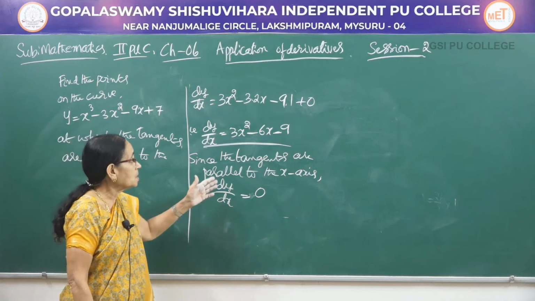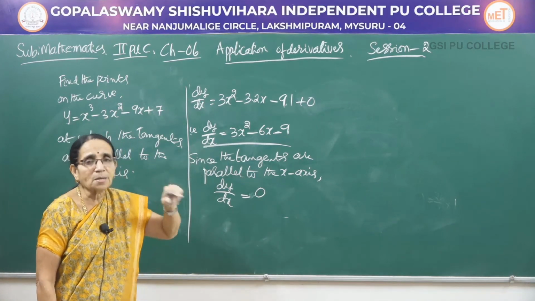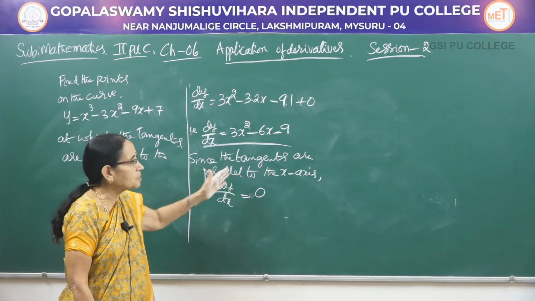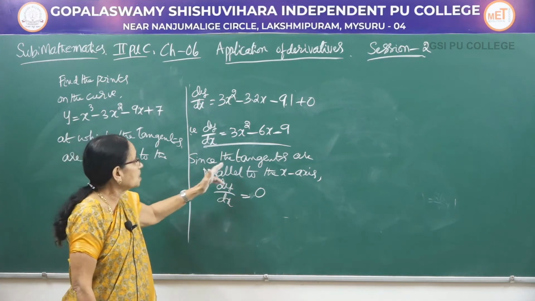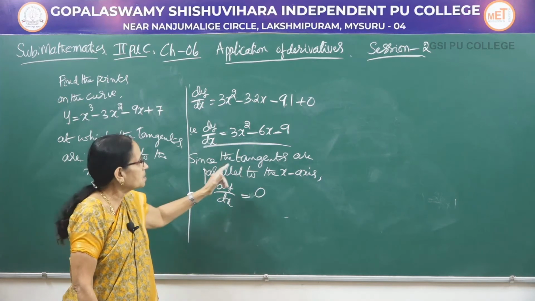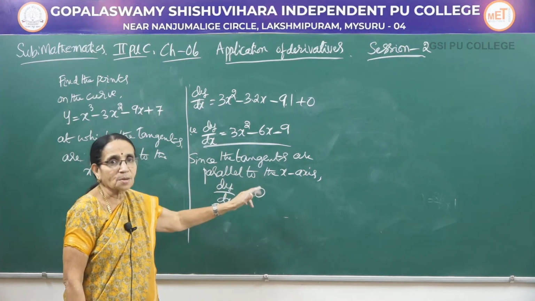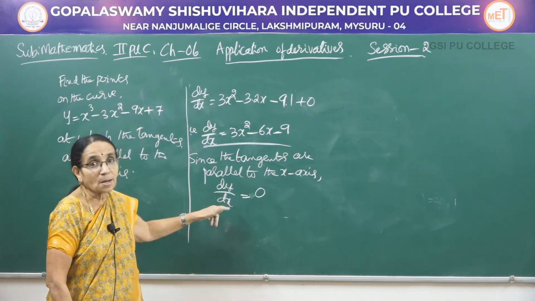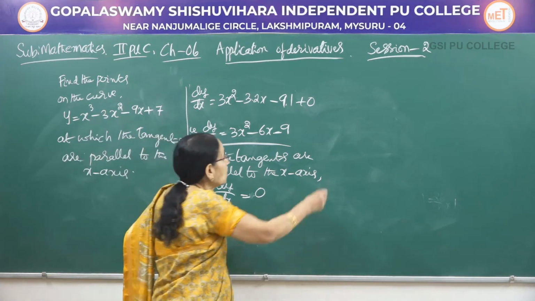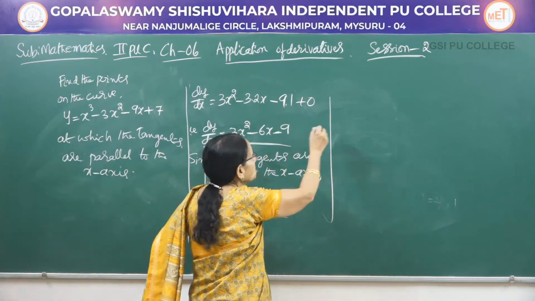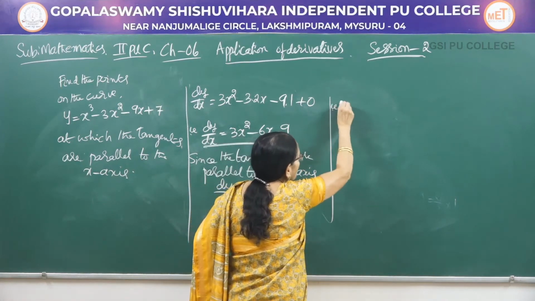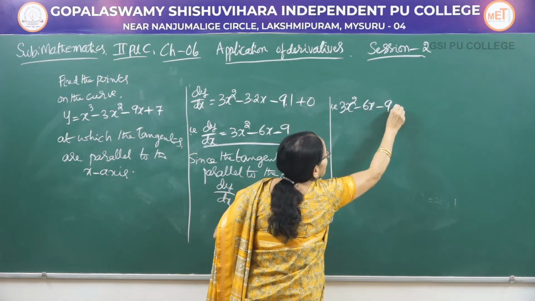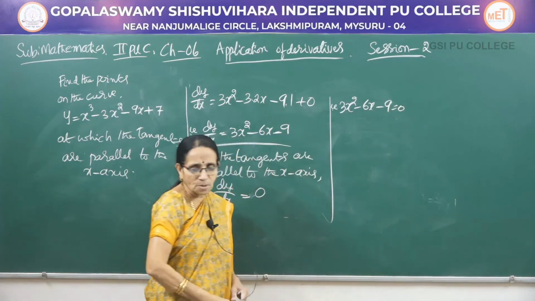Here, the point is not given. That point has to be calculated. For that, instead of giving the point, some condition is given, that is, the tangents are parallel. Since the tangents are parallel to the x-axis, this reason has to be given: dy by dx equal to 0. Don't directly write the condition there. Now, what is dy by dx? You write 3x square minus 6x minus 9 equal to 0.